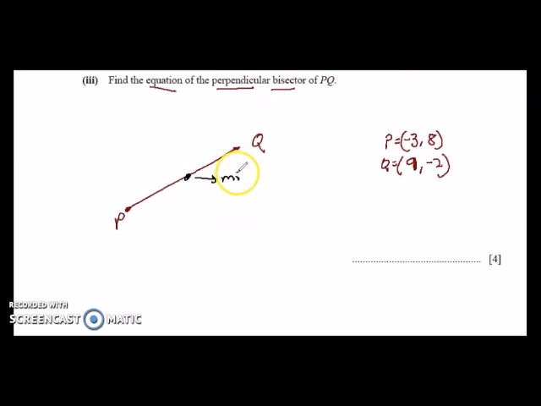You have to find this midpoint, and then you have to find the gradient which is perpendicular. So this is actually the perpendicular bisector of this PQ. So you have to find the equation of this line. Okay, this line. So let us do the process now.